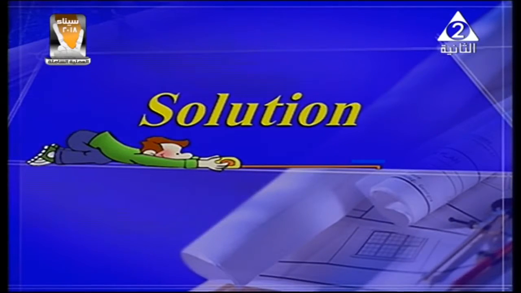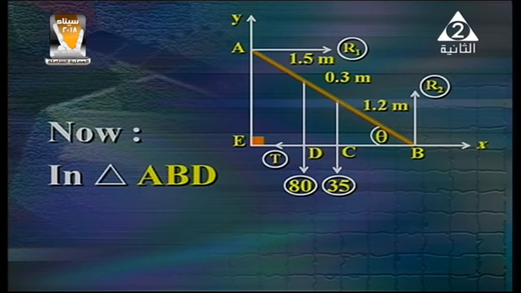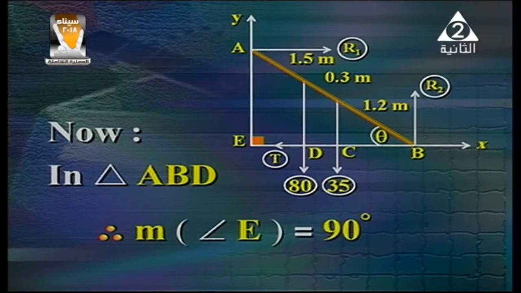Solution. Dear student, look at ladder AB against a vertical wall at point A, and point B on the horizontal floor. We have two equations. Look at triangle ABE.